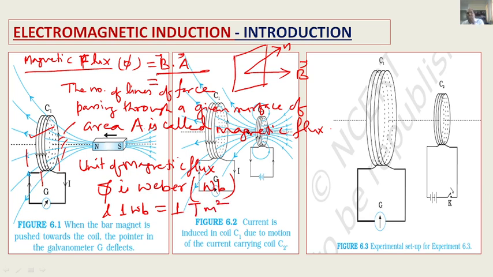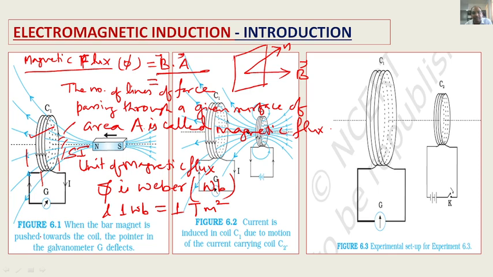Tesla is the unit of magnetic field. So 1 Tesla meter square is the SI unit, we can say, SI unit of magnetic flux. So magnetic flux you have understood now.